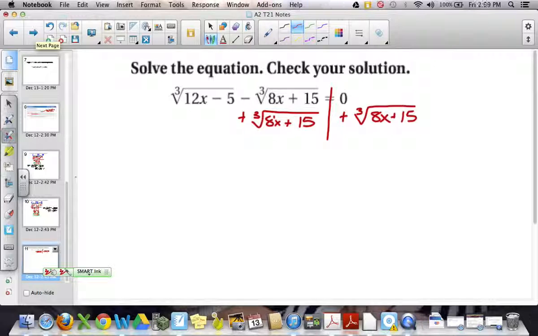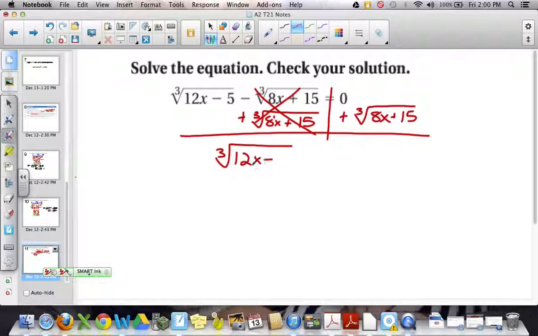In doing that, I get rid of it from this side, so now I just have the one radical on the left side, the cubed root of 12x minus 5, equal to the right side, which now just has one radical, the cubed root of 8x plus 15. And now I've accomplished getting just a single radical on each side.